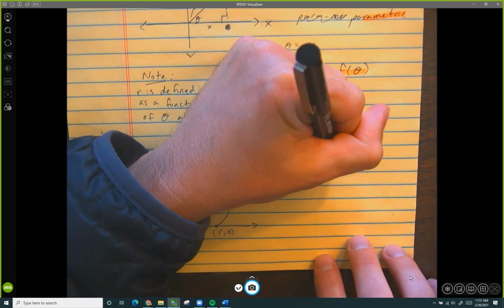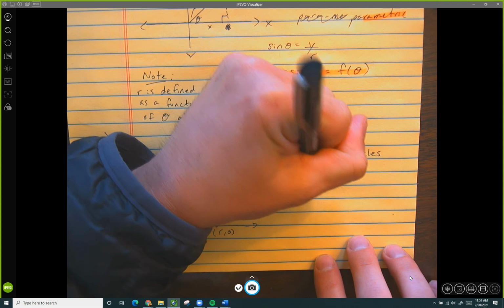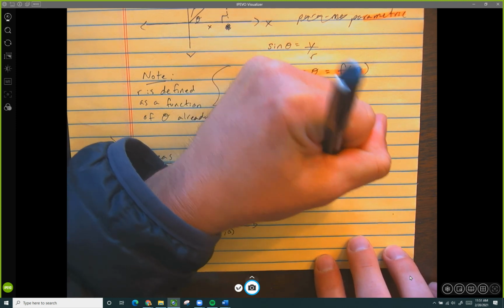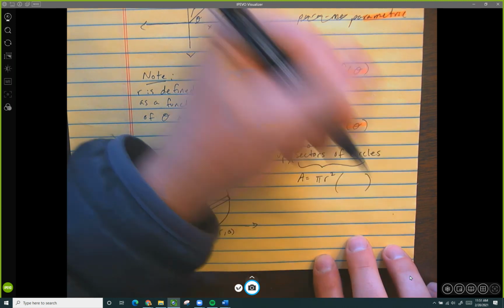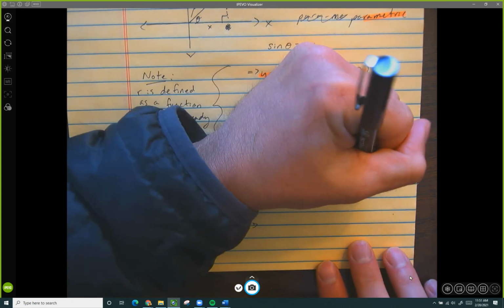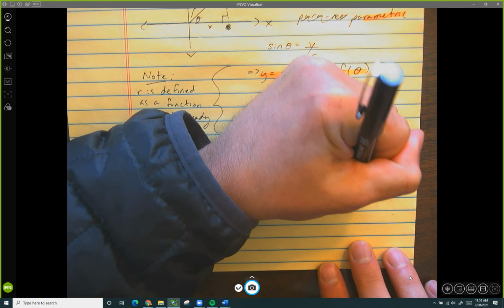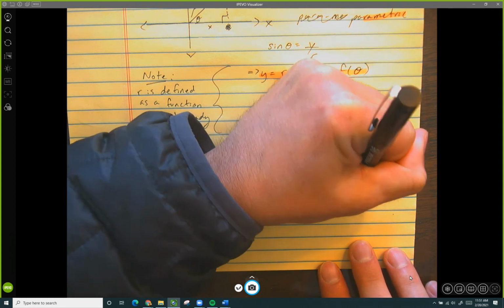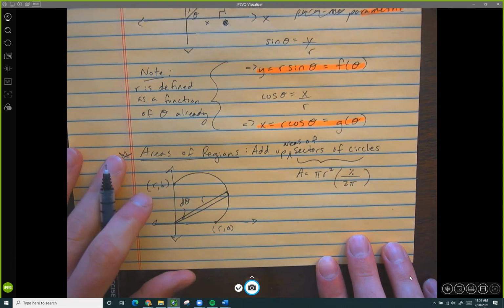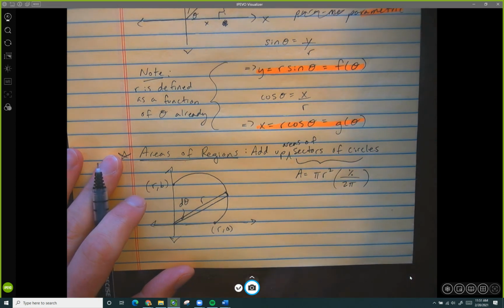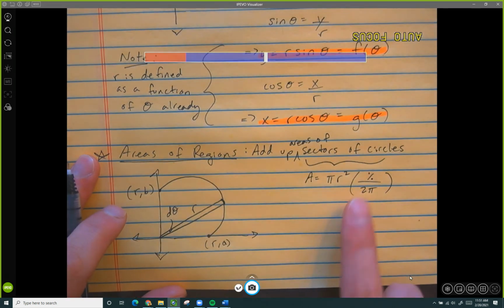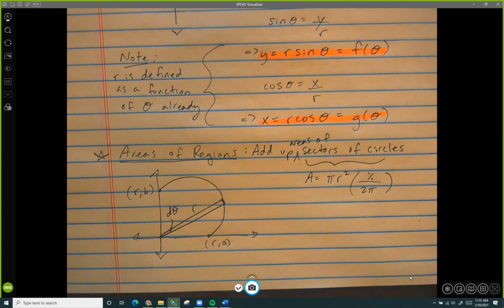Well, the area of a sector of a circle is the area of the whole circle times the fraction of the circle you're taking. It's a percent symbol, but isn't a percent symbol a fraction symbol? So I'm going to think of it as a fraction.